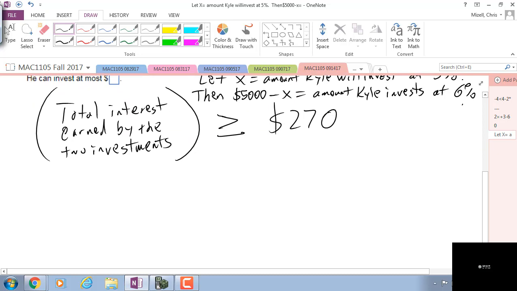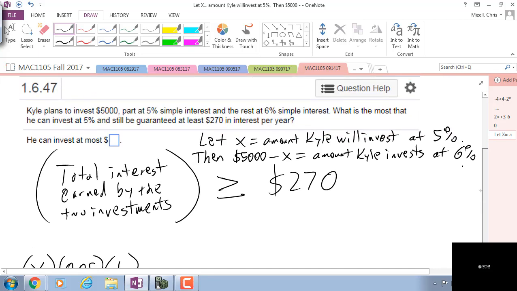So total interest earned by the two investments, that would be the interest earned by the X dollars invested at 5%. So interest equals principal, and the principal is X, principal times rate times time. We're dealing with 1 year, aren't we?